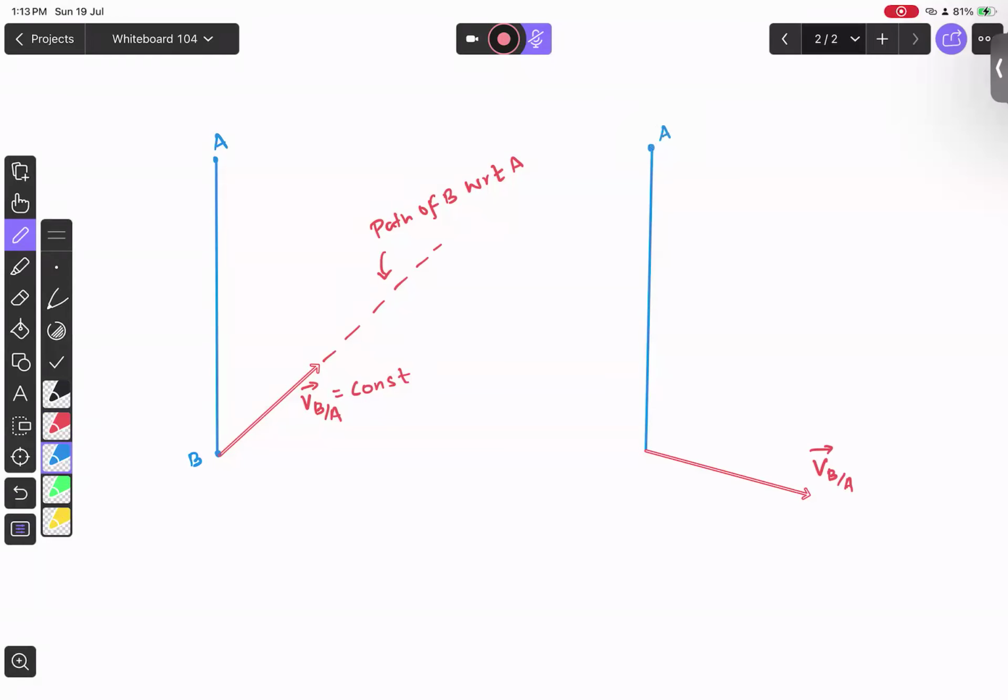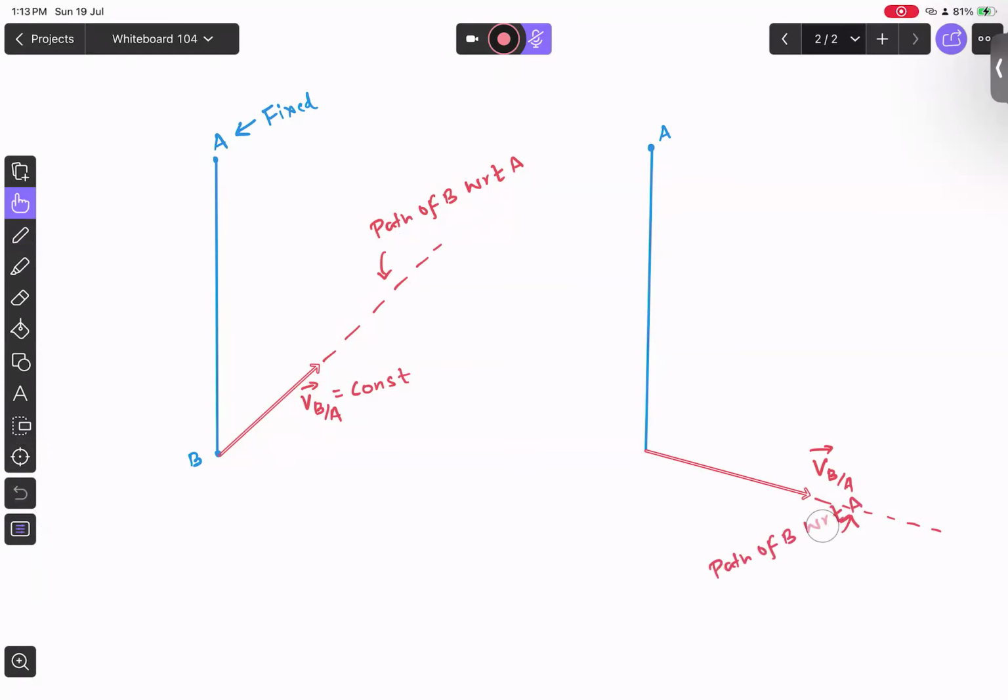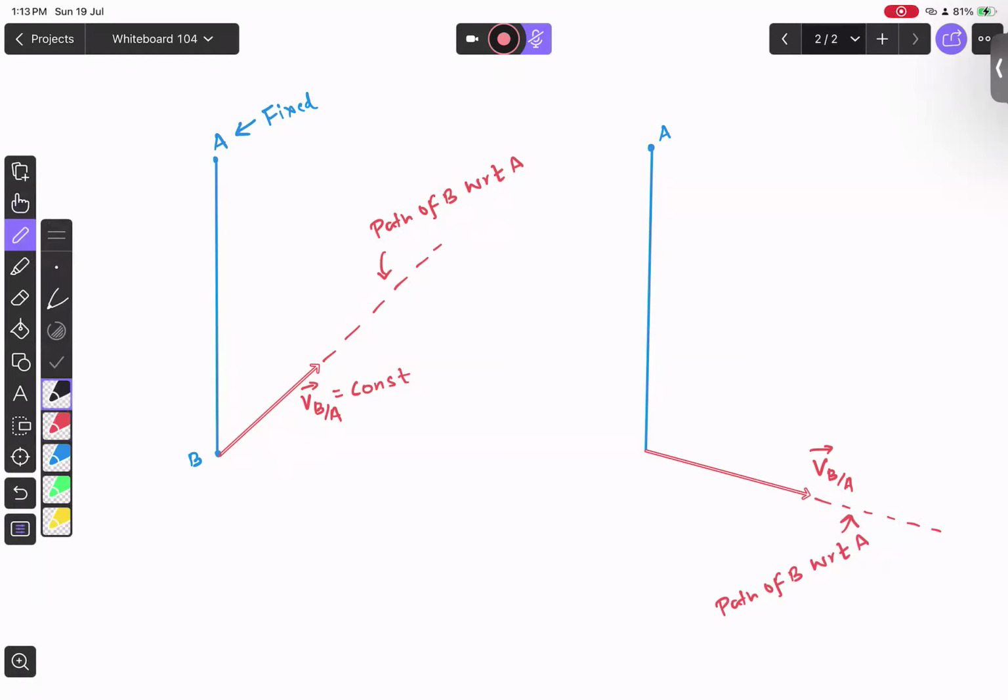A is fixed, not moving, and only B is moving, but with this constant velocity. So in this case too, the path of B seen by A will be along this straight line, correct? So tell me, in which of these two cases is the separation increasing, and in which is it decreasing? Can you answer it?